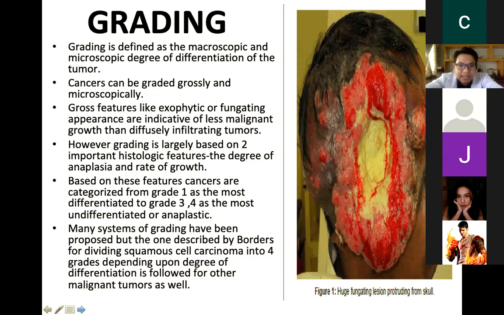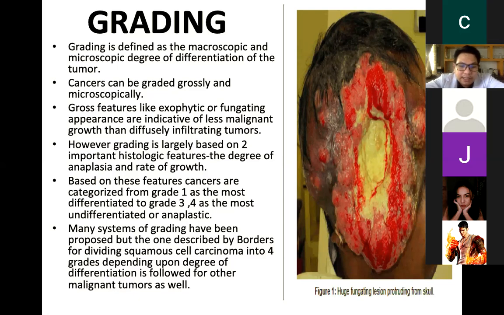Gross features like exophytic or fungating appearance are indicative of less malignant growth than diffusely infiltrating tumors. Class, this photo is an example of a fungating lesion protruding from a skull. Okay? Based on these features, cancers are categorized from grade 1 as the most differentiated to grade 3 and 4 as the most undifferentiated or anaplastic.